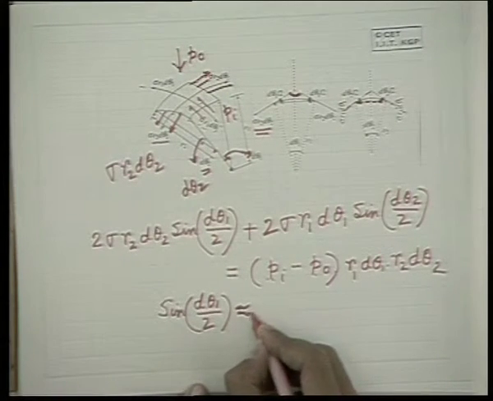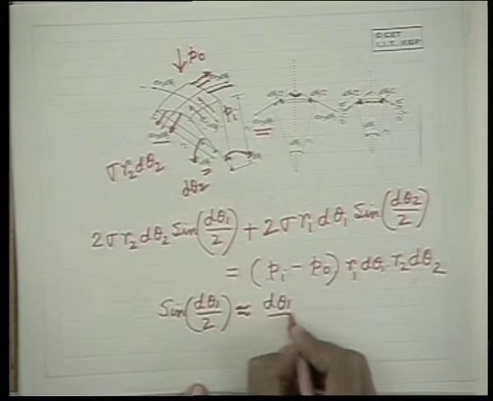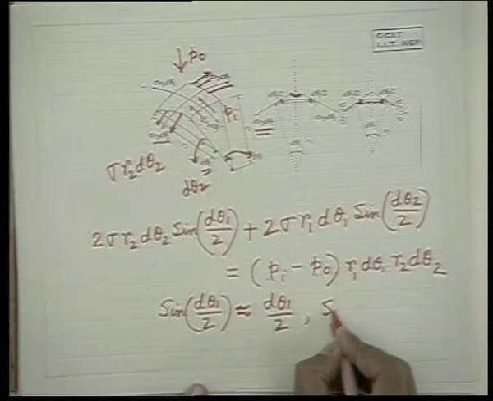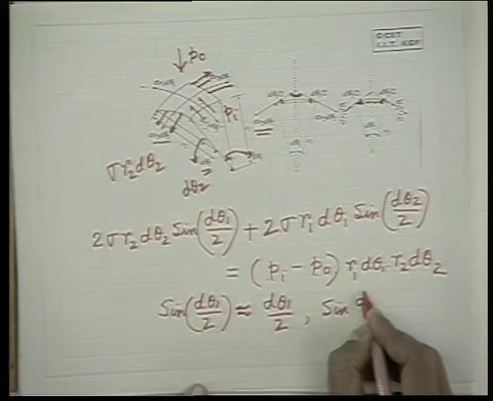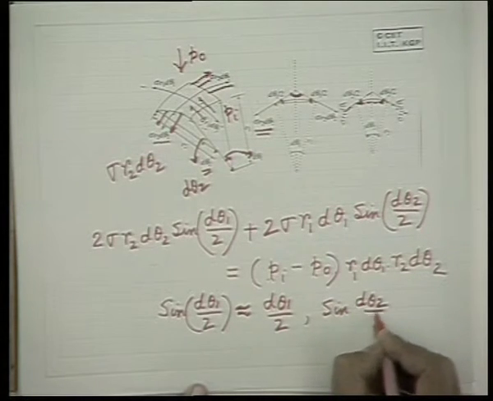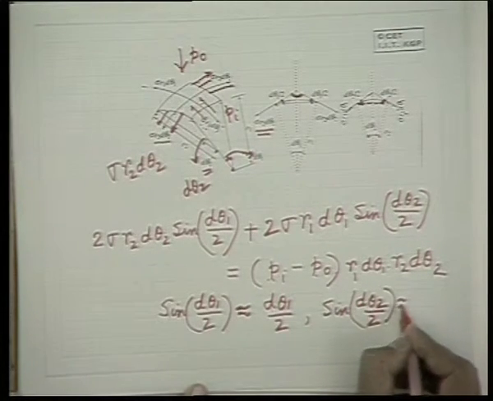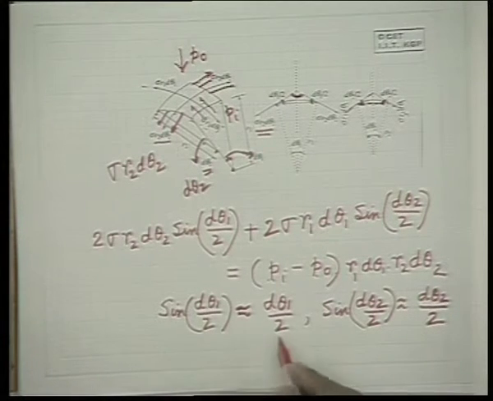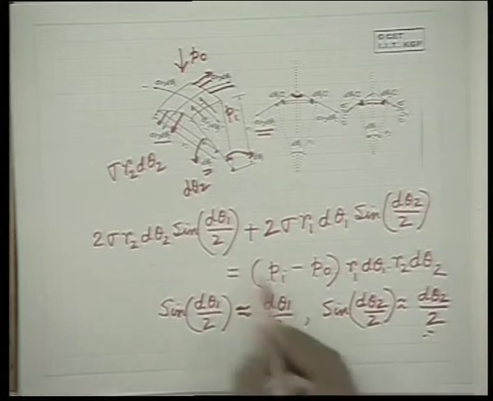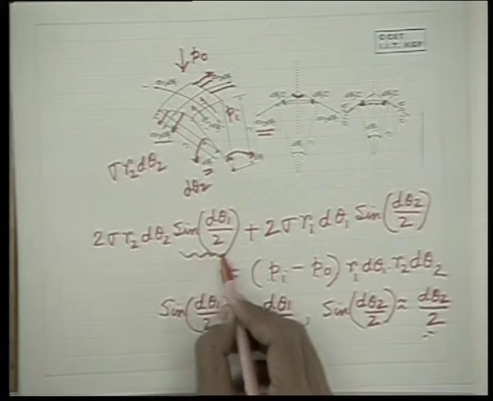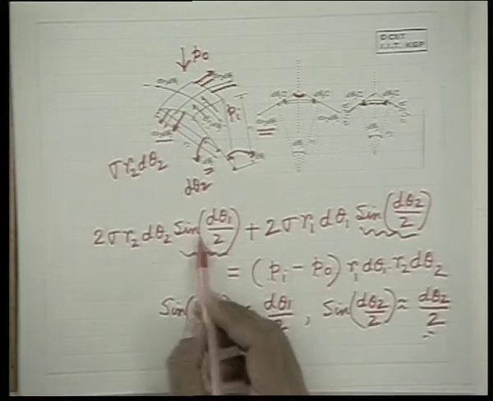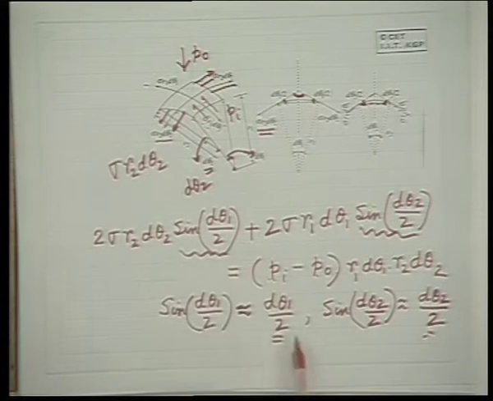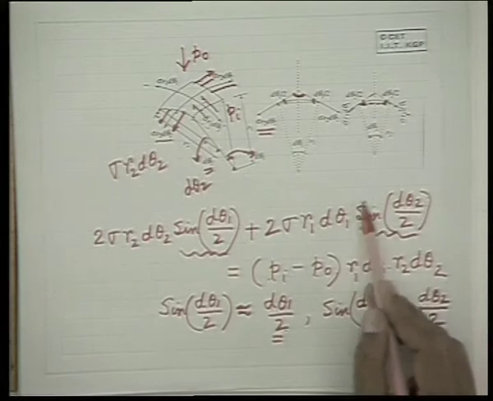So you can approximately write sine of d theta 1 by 2 as d theta 1 by 2, because sine theta is theta. Similarly for d theta 2 by 2, because the higher order terms in this series can be neglected. So we substitute in place of sine d theta 1 by 2, d theta 1 by 2, and in place of sine d theta 2 by 2, d theta 2 by 2.